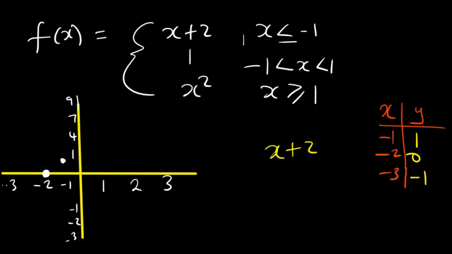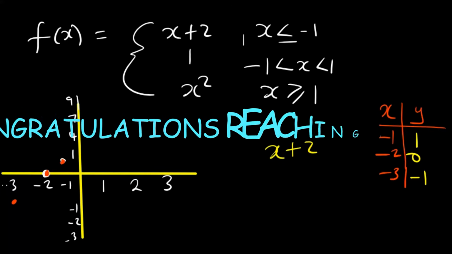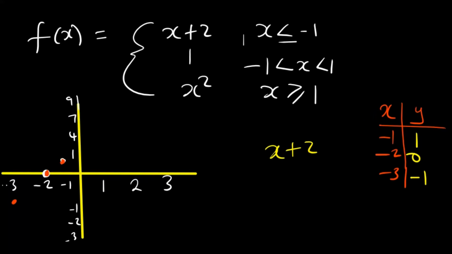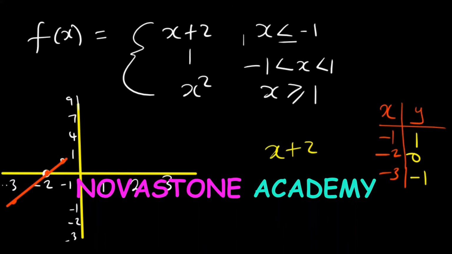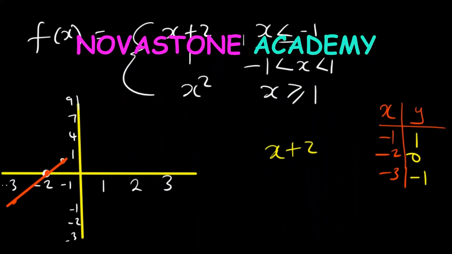Allow me to use red, somewhere there. The negative 3 comma negative 1 will be a point somewhere here. You're able to see that these points are just joining, so allow me to join them. So that will be our graph for the first one.